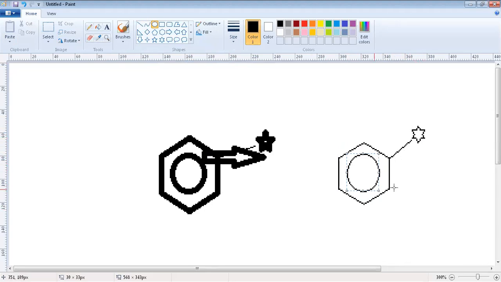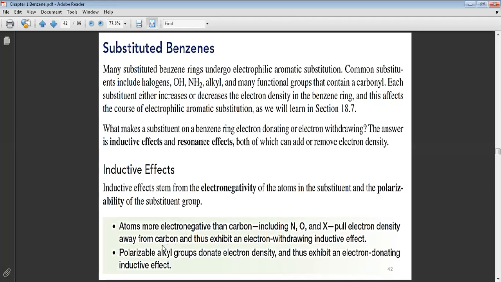That means the electron density on the benzene ring will decrease through the inductive effect, through the sigma bond. Now, the second one, electronegativity.